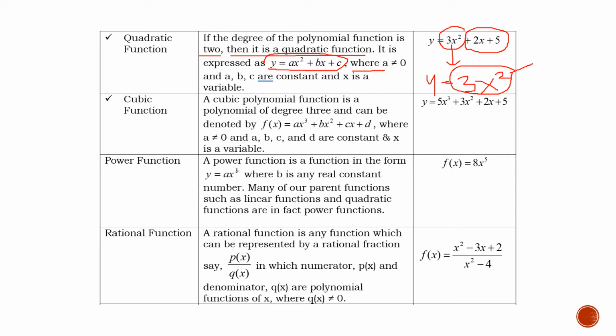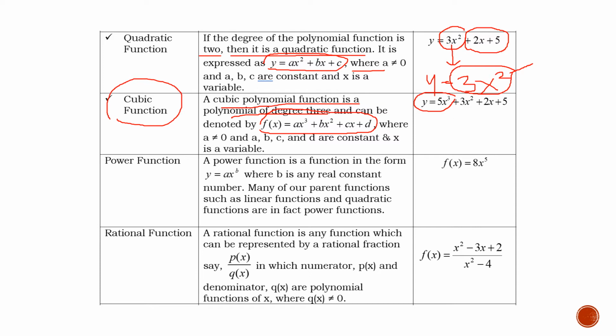The next example of your polynomial function is your cubic function. A cubic polynomial function is a polynomial of degree 3 and can be denoted by this general form, where a is not equal to 0, a, b, c, and d are constants, and x is a variable. Meaning, as you can see in this example, your leading term is 5x cubed. The exponent of your leading term is 3.